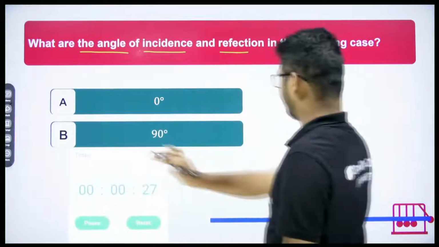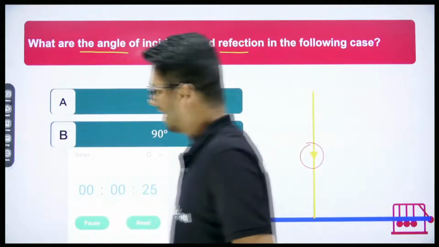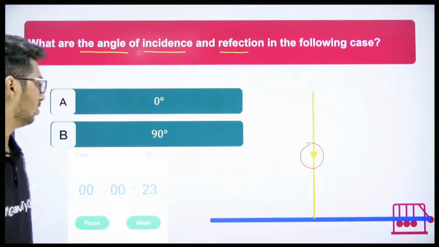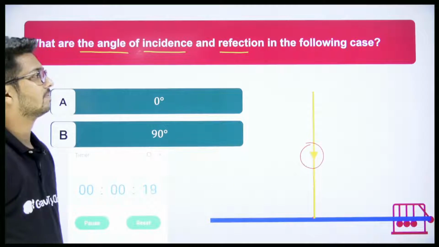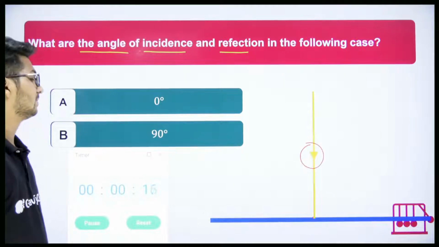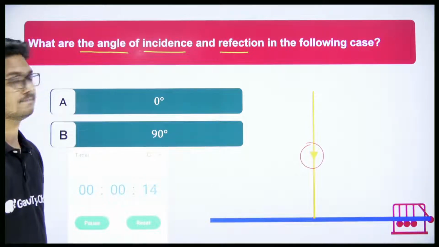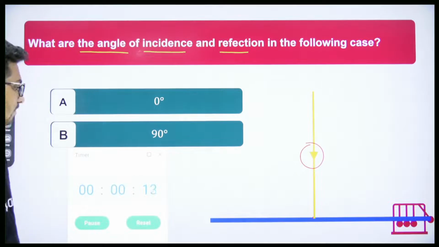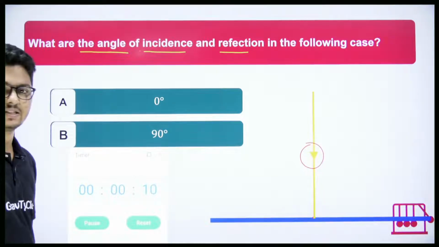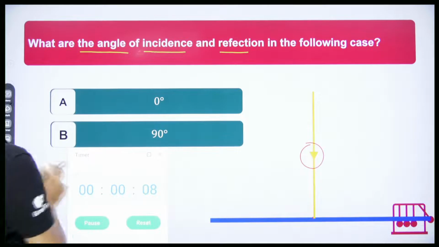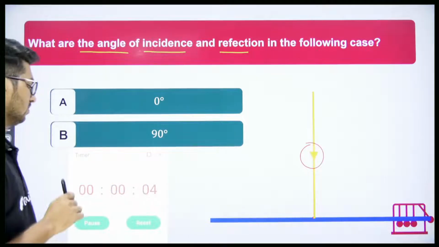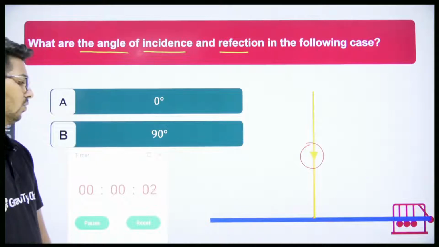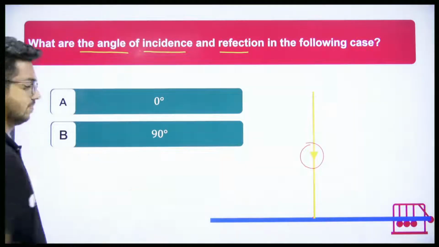What will the angle of incidence be, or the angle of reflection for that matter? What will the angle of incidence be in this case? 5 seconds more. 3, 2, 1. And the time is up.